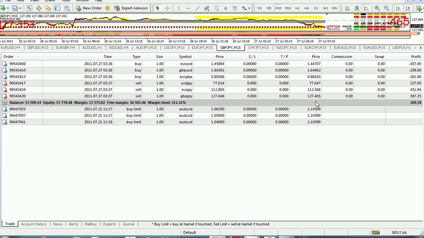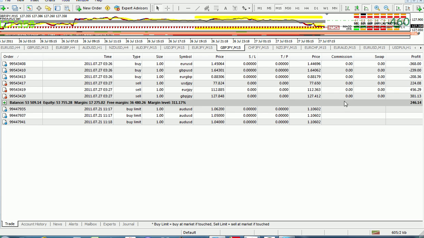Obviously at the moment we're looking at the Great British Pound JPY, and if we were doing a trade just on this alone using trade bias, this is the currency Euro JPY, and these 3 have strong trade bias to the sell side at this stage.